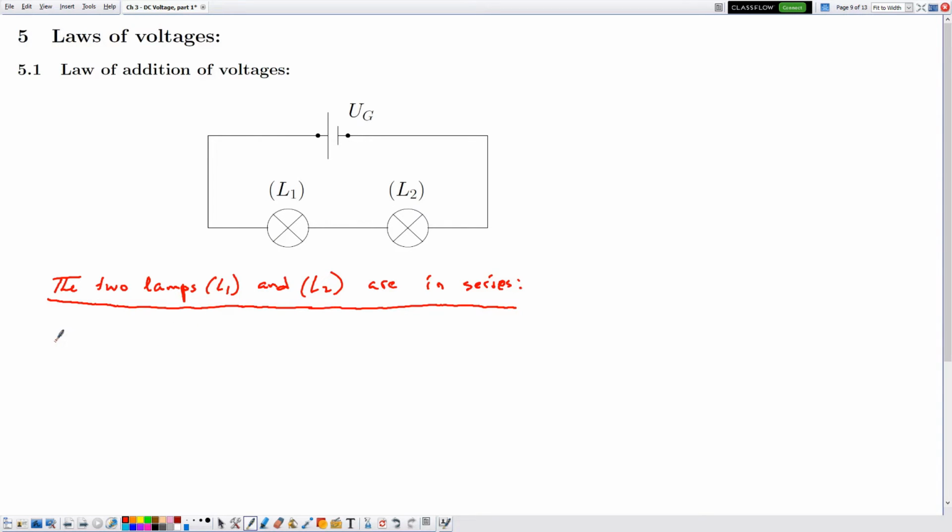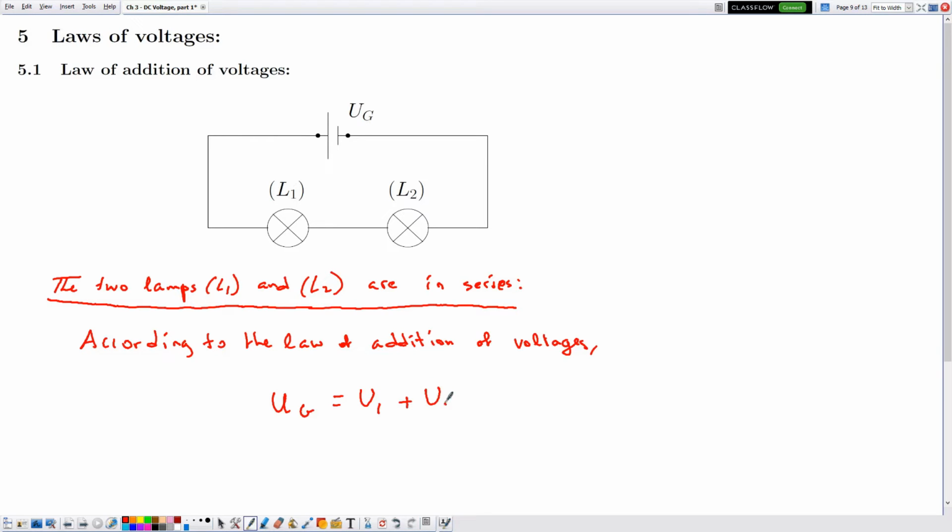Then according to the law of addition of voltages, the voltage of the battery, which is given by UG, is equal to the voltage across the lamp L1, which is given by U1, plus the voltage across the lamp 2, which is given by the voltage U2.